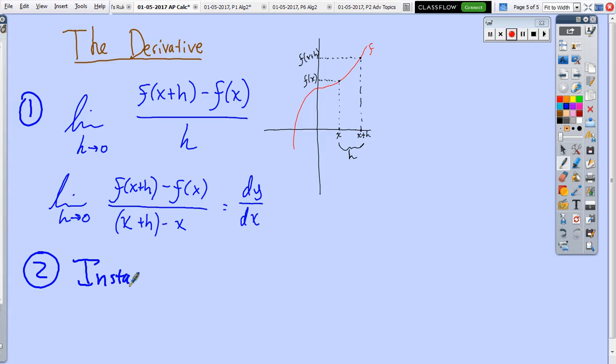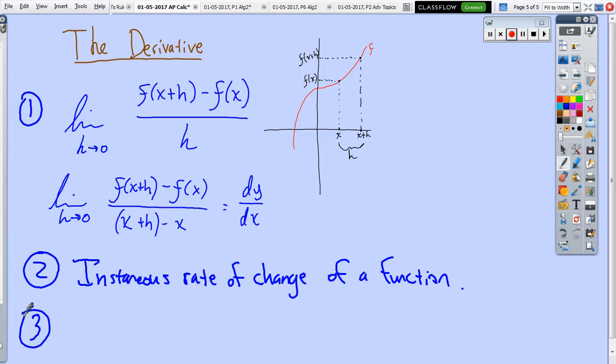Good, instantaneous, and that's the third one: instantaneous rate of change, of a function. And then number three, the slope of any tangent line.